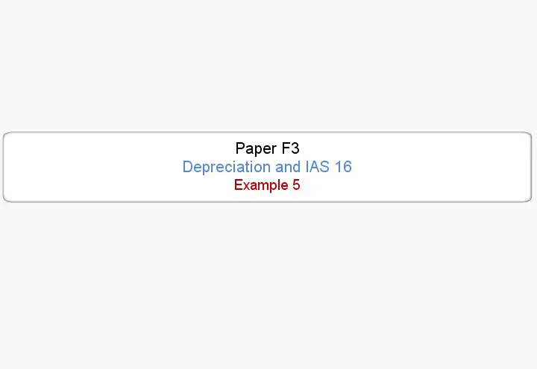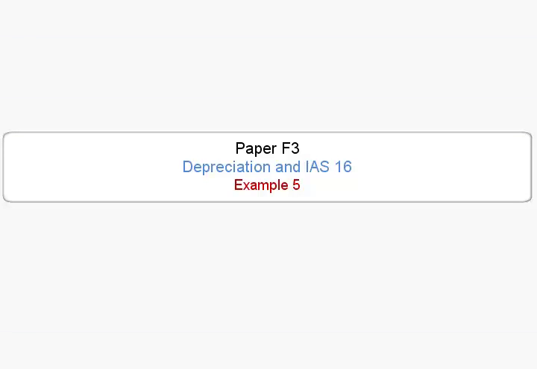And our policy is to charge 2% straight line depreciation. On 30th of June 2003, the building's going to be revalued at 3.072 million. And we want to write up the T accounts for the year to 31st December. Let's have a go.